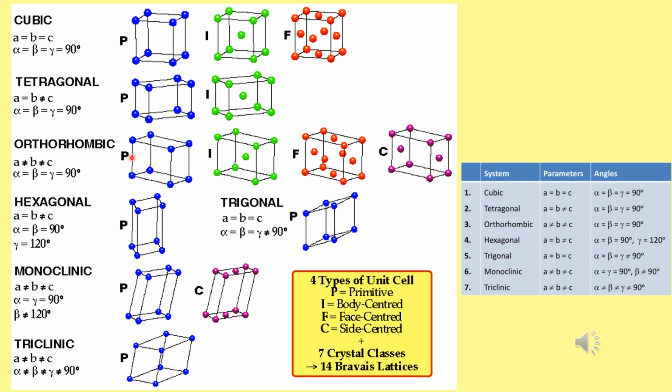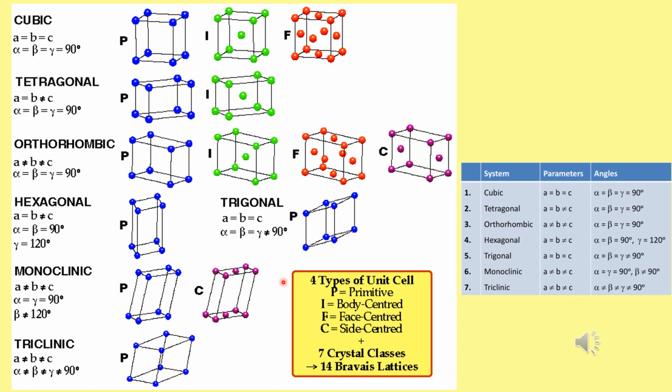In the orthorhombic case, we have P, I, and F, and there is one extra lattice, that is side centered, C. It means some atoms are at the corners and also some atoms are on the sides. So for the orthorhombic case, we have 4 types of unit cell or Bravais lattices. In hexagonal we have only one, trigonal one, monoclinic two, and triclinic only one.